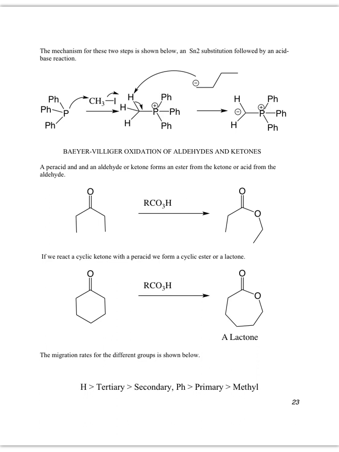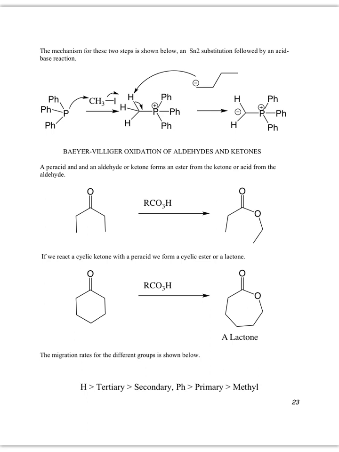So you can't have any acidic hydrogens in your molecule if you're going to use the straight Wittig. Now there are ways we can get around this that we'll talk about later, but the straight Wittig can't have any acidic hydrogens in your structure that you're reacting it with.